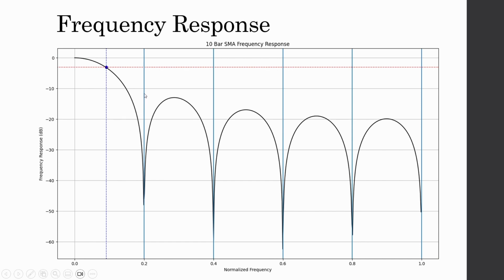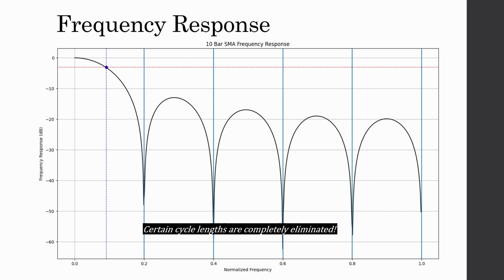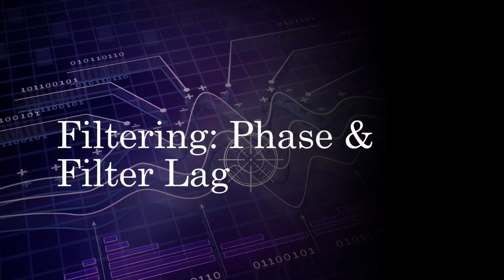And basically what that means is that there are certain frequency components in this filter that are completely eliminated. The frequencies happen to be 2 bars. So again, I mentioned that 1 over here corresponds to a 2 bar cycle, 2.5 bars, 3 1/3 bars, 5 bars, and 10 bars.